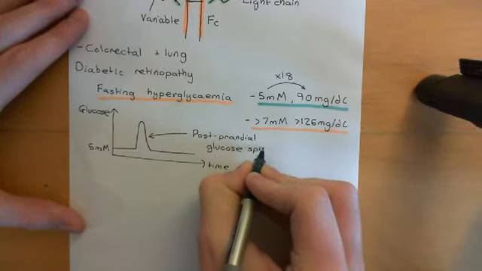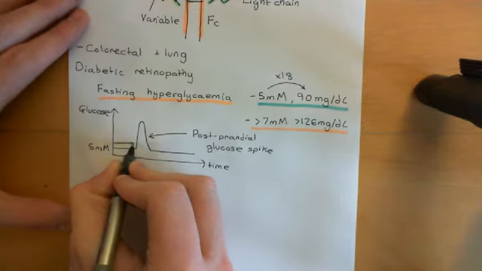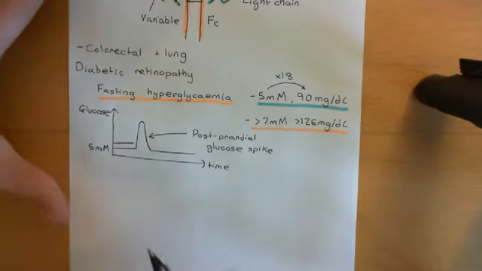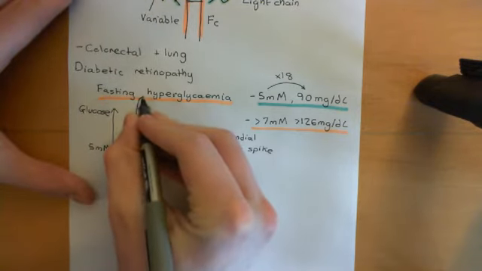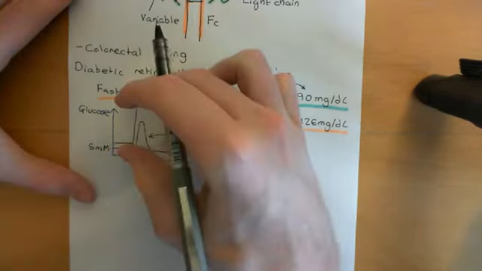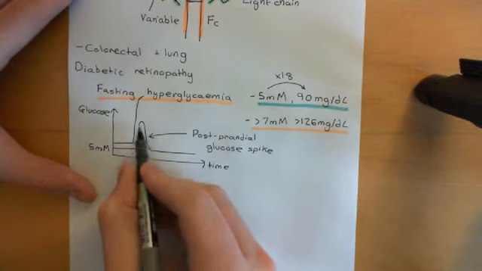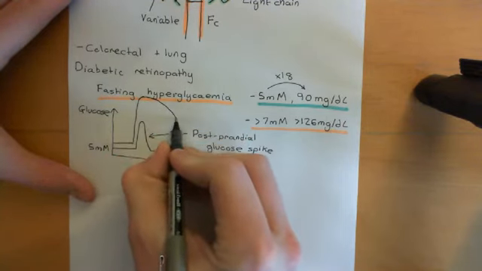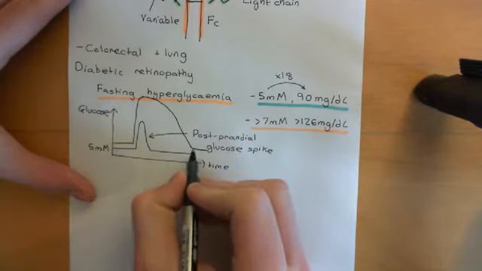Now in people with diabetes, you not only have fasting hyperglycemia, which means that your blood glucose level will be elevated even at the fasting state, but then when you have a meal, when you're in the fed state, you have massive great postprandial glucose spikes. The increase in the glucose concentration is much bigger than the increase you'd get in a healthy person, and then the spikes are much, much broader. It takes much, much longer to bring it back down to the previous level.